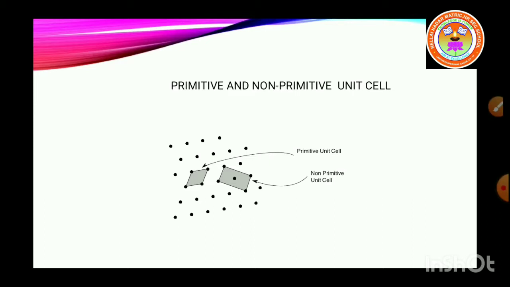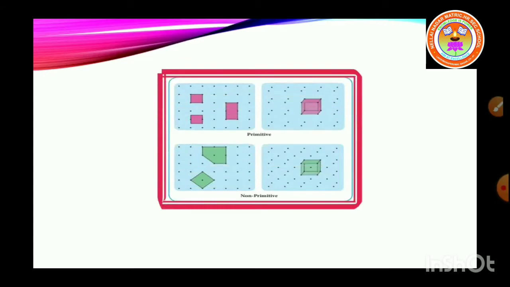That is BCC, body centered cubic, FCC, face centered cubic, and one more is there, edge centered cubic. Now clear? Let's see the diagram. That is one more diagram. It is clearly indicated what is primitive and non-primitive unit cell.